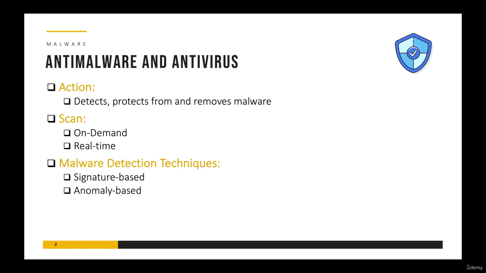In signature-based malware detection, we have signatures or patterns of malware. This basically means that every malware performs some specific tasks. For example, one particular malware may infect a particular segment of the memory, or it may access specific files in your operating system, or it may modify some registry entries.